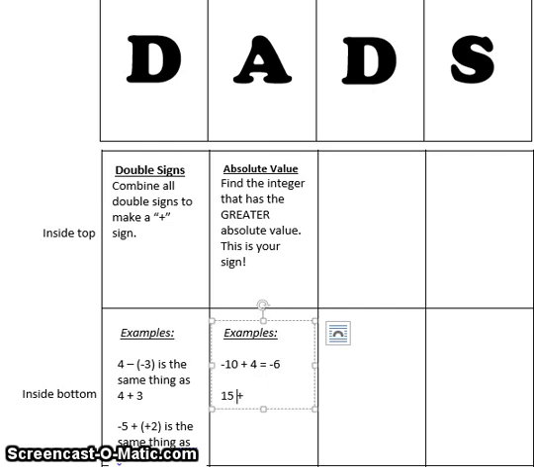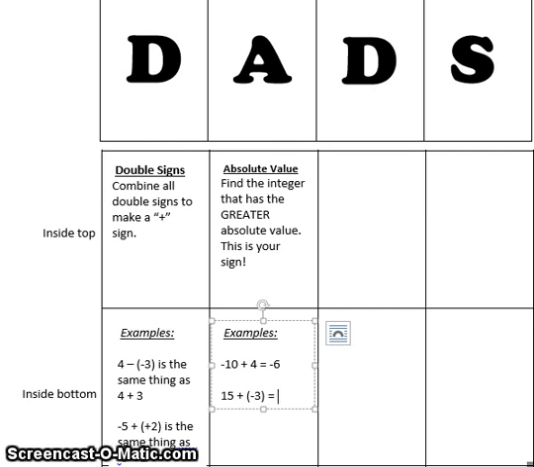Another example would be a positive 15 and a negative 3. Positive 15 has a greater absolute value than negative 3 because positive 15 is 15 spaces away from 0 on the number line. Negative 3 is only 3 spaces away from 0 on the number line. So when we combine these two integers, our answer is going to be positive.